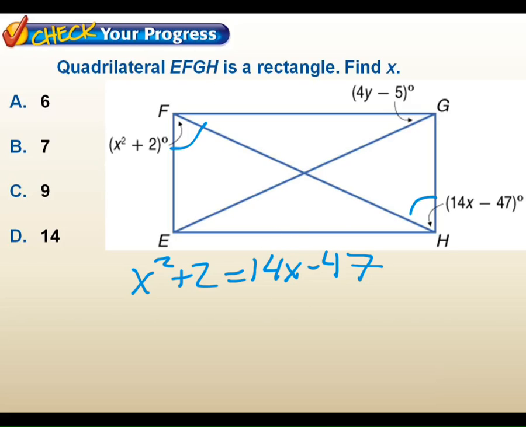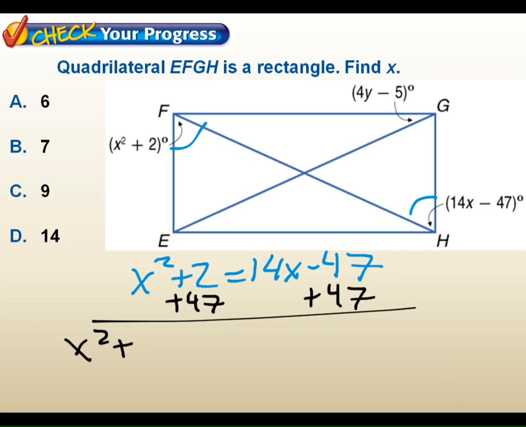That means I need to get all of this on one side of the equal sign. So let's say I move this over by adding it. That leaves me with x squared plus 49 equals 14x.